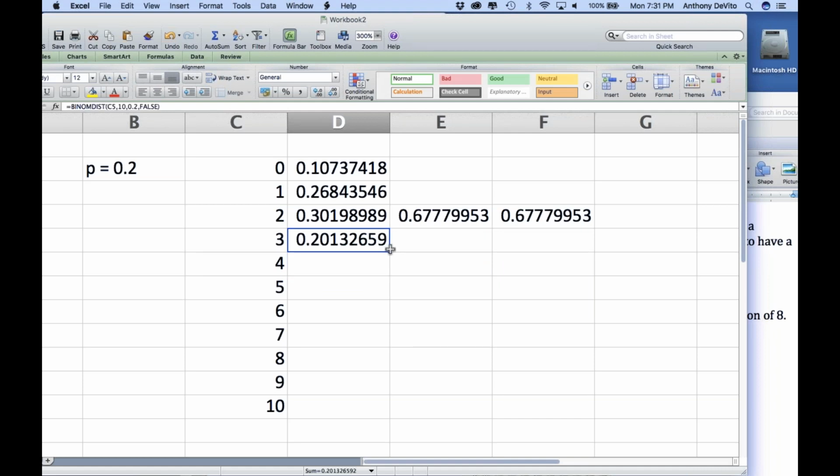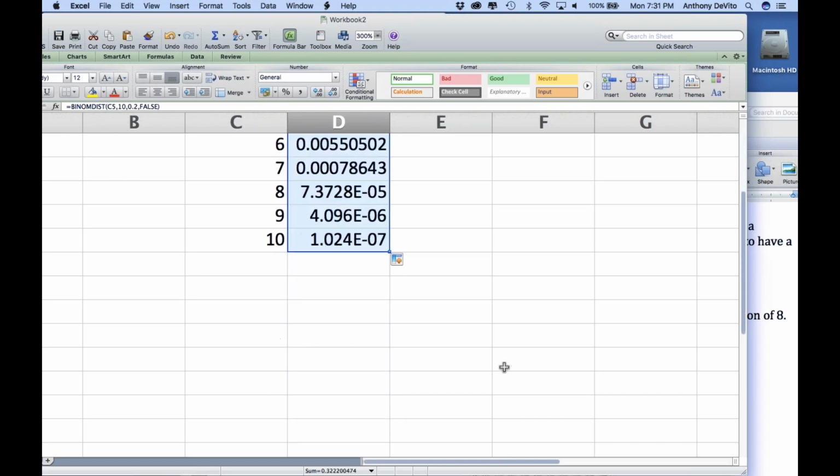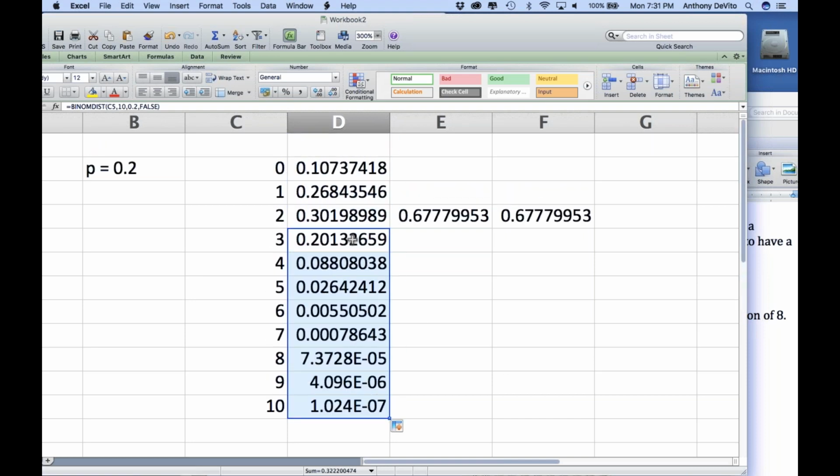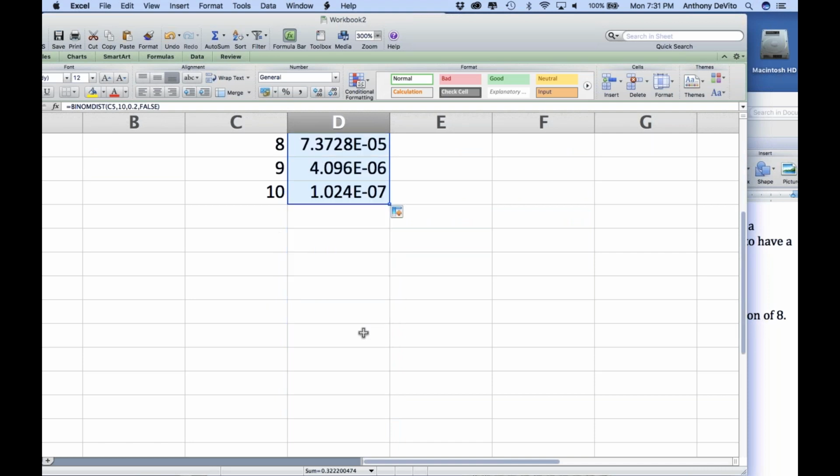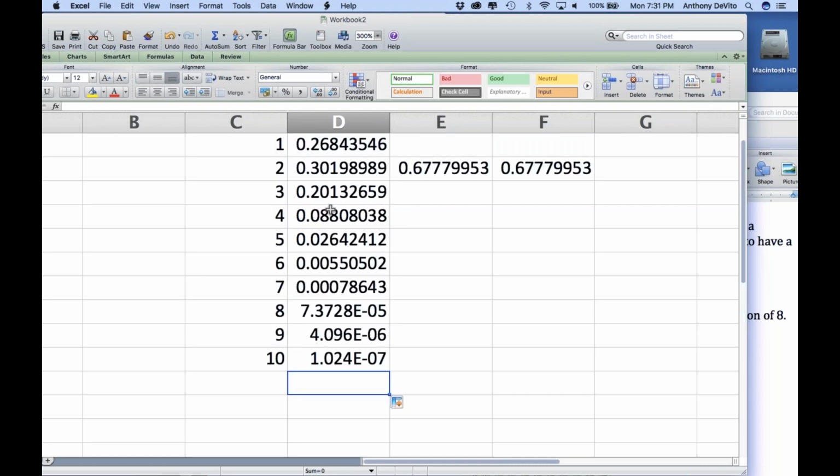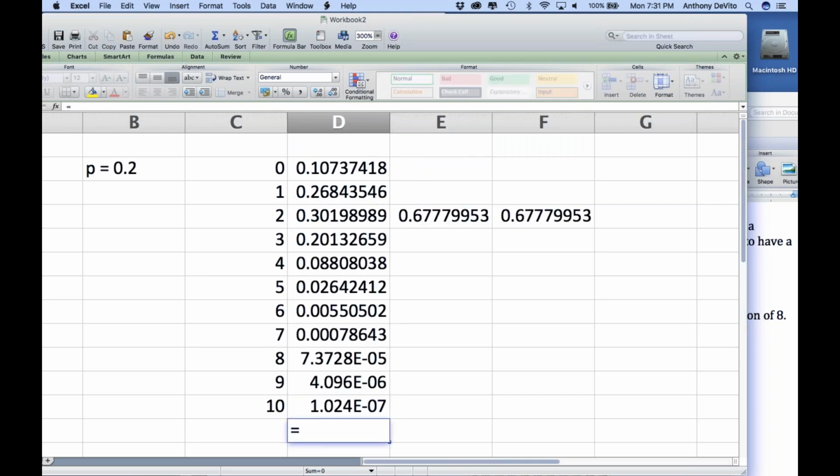And then I'm just going to drag this down to do the calculations all the way through. You notice that because it's only 20% chance, the probability of getting 10 out of 10 is 1 times 10 to the minus 7. It's like 1 in 10 million, right? Very unlikely.